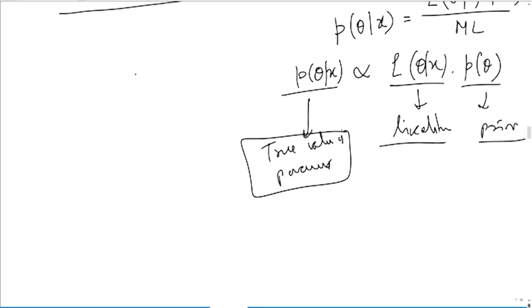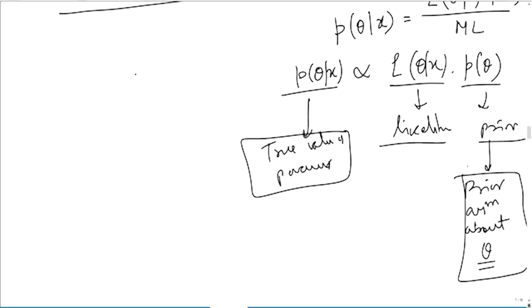So inference about the parameter depends on two things. First, your prior assumption about the parameter of interest. What do you believe are the likely values of theta? And another thing is the likelihood, which has actually two parts. One, your likelihood assumption, that is, what underlying distribution you assume behind the data.